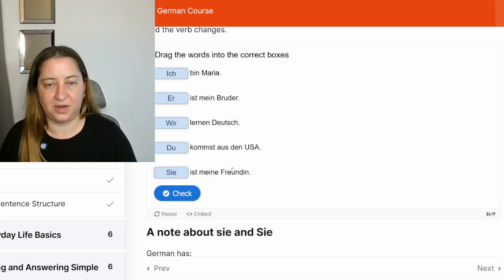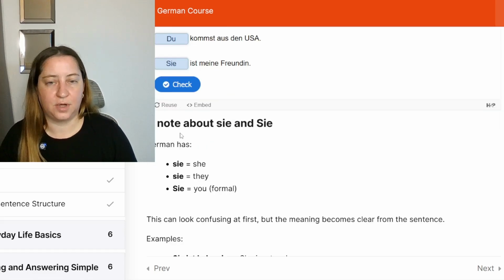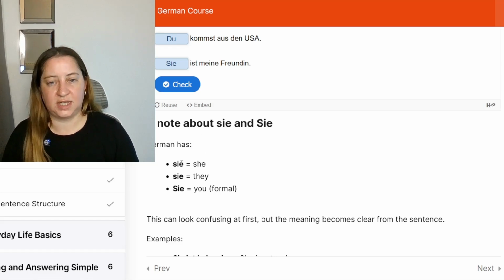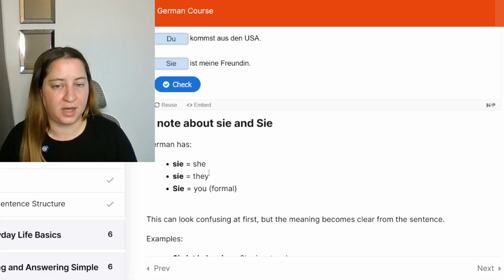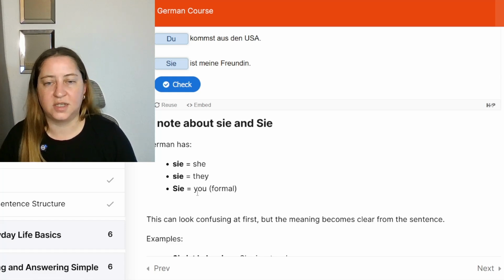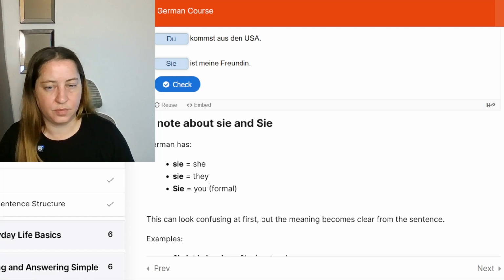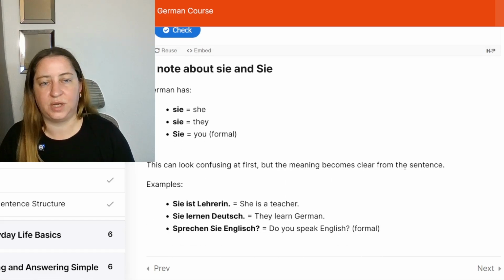Now, let's look at a note on sie and Sie. It's the same word. One is capitalized and the other is not. A small s can mean she or they. And a capital S means you formal. This can look confusing at first, but the meaning will be clear from the way the verb is conjugated.